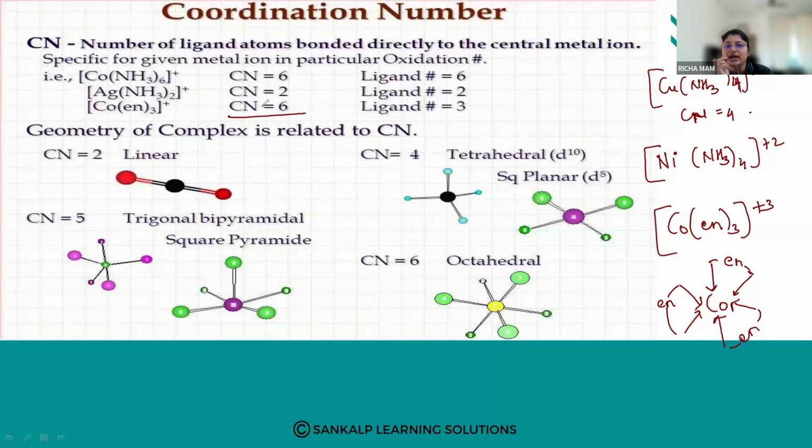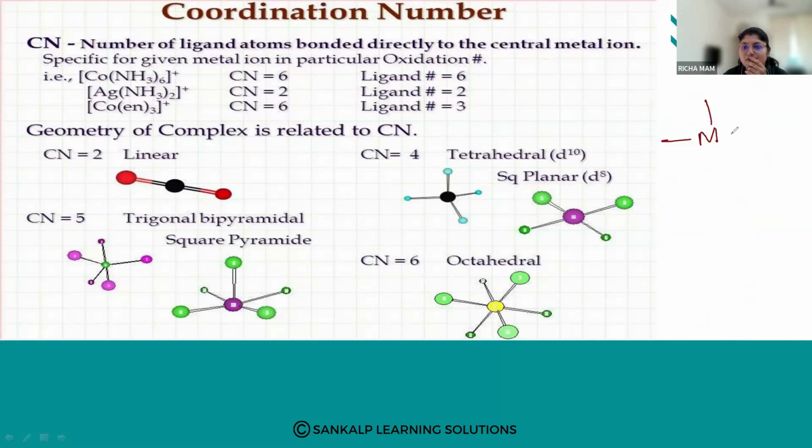So the coordination number is the number of ligand atoms which are bonded directly to the central metal ion in the complex. It is determined only by the sigma bonds formed between the metal and the ligands, and not by the pi bonds.